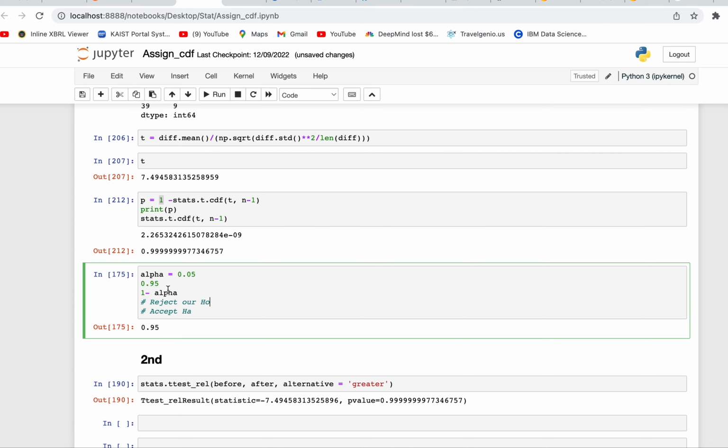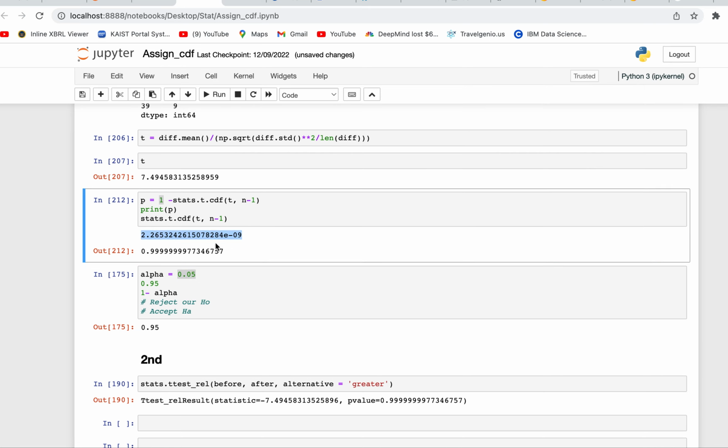So we are rejecting it because alpha is higher than the p-value.